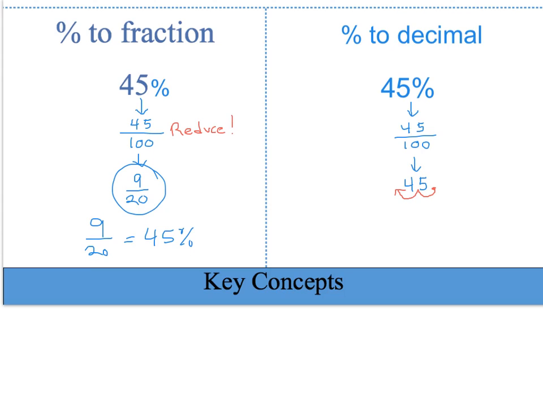The reason I'm moving it to the left is because when I divide by 100, the number gets smaller. So the decimal form of 45% looks like 45 hundredths. And please know that 45 hundredths is equal to 45%.